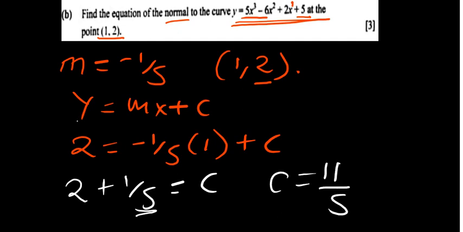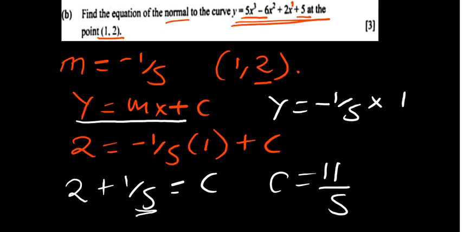So go back to this form. Your y is going to be -1/5 x plus c, which is 11/5. If you want to make it look neat and you don't want the fractions, you multiply by 5 throughout, and the equation is going to be 5y is equal to 11 minus x.